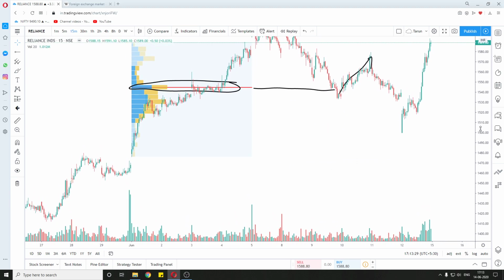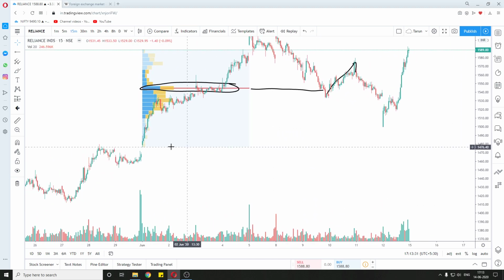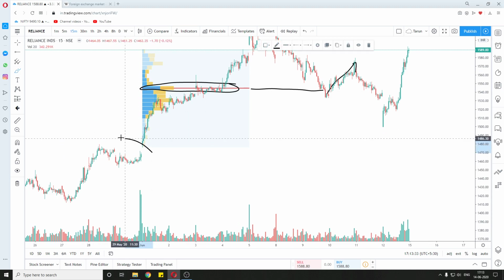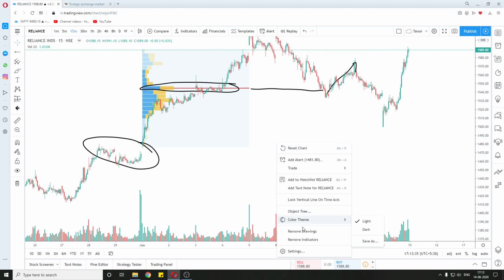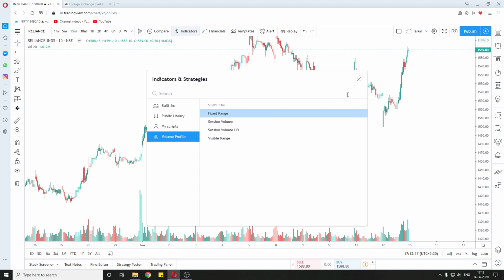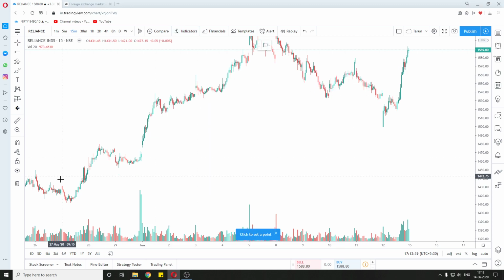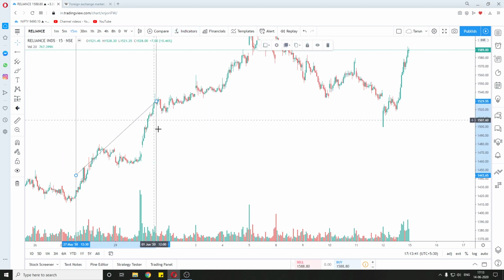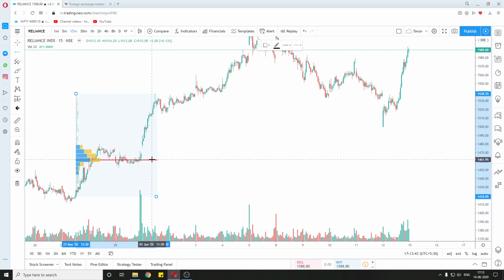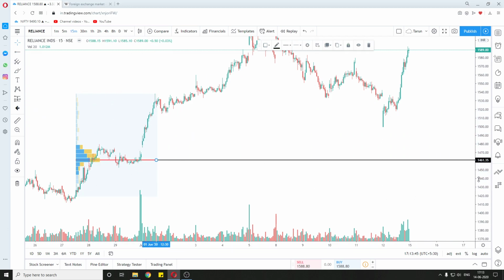It works on 1 minute, it works on 5 minutes, it works on every time frame. And now what we can do is, let's say there is an accumulation area here as well. We will plot a volume profile, and now we know that the most amount of shares in this area were traded at 1461 rupees.